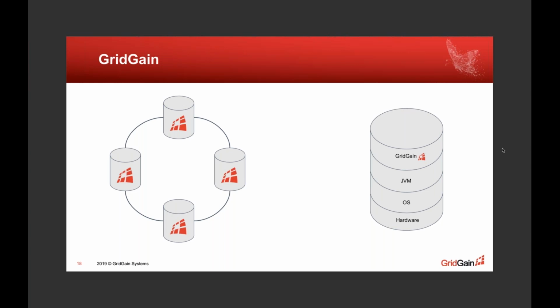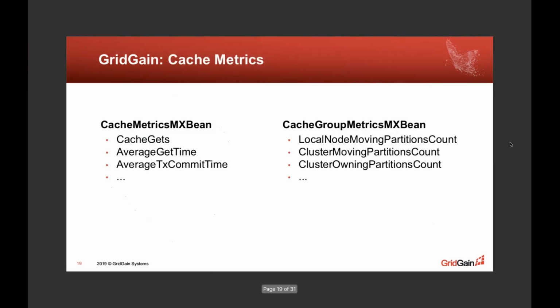We have all the same, like JVM, OS, and hardware, but there is something special on top of that. The main concept in GridGain is the cache, and we have a special set of metrics for it.